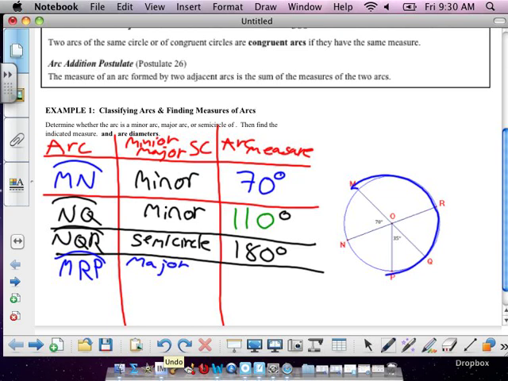So what is the degrees of this major arc going to be? We know from M to Q is how much? 180. M to Q is 180. So we're going to add the 35 to get the whole thing, and that's going to be 215 degrees.